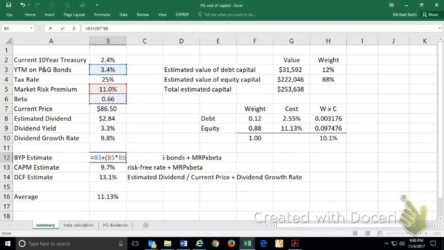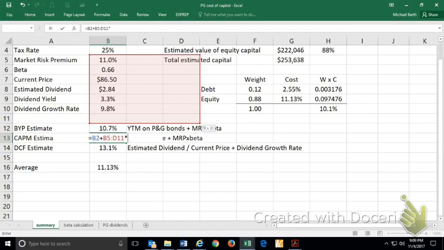Okay, so that's the additional risk they have over and above the average stock in the stock market. The CAPM estimate is the risk-free rate on Treasury securities plus the market risk premium times beta. So you're actually getting a very similar number in there.